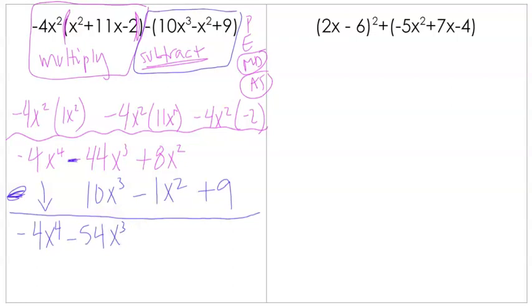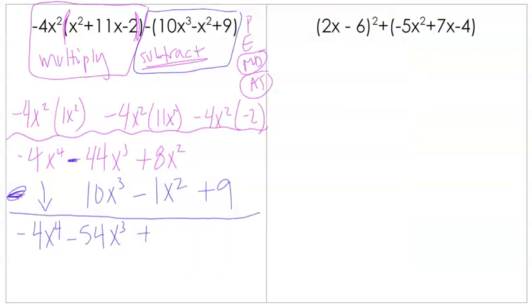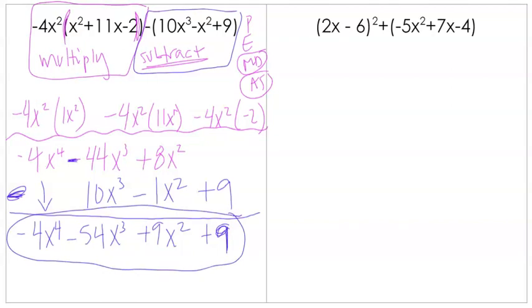And then we have 8x squared minus negative 1x squared. So we have 8 minus negative 1, which gives us 9. Because remember, if we subtract a negative, that really turns into adding. And then that 9 doesn't have any like terms to combine with it, so it just stays 9. And that is how you do two operations in the same problem.